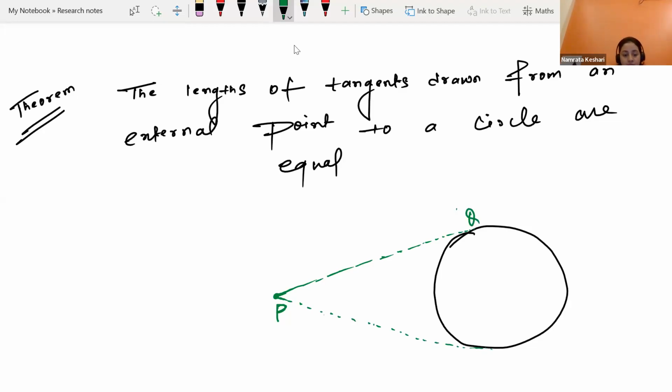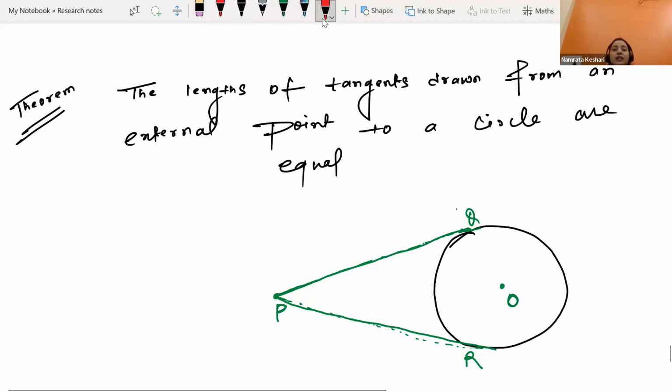This is Q, this is R. Let me make a solid line. Here the center O is there. Okay. Let's prove that the lengths of the tangents PQ and PR, these two are the same.